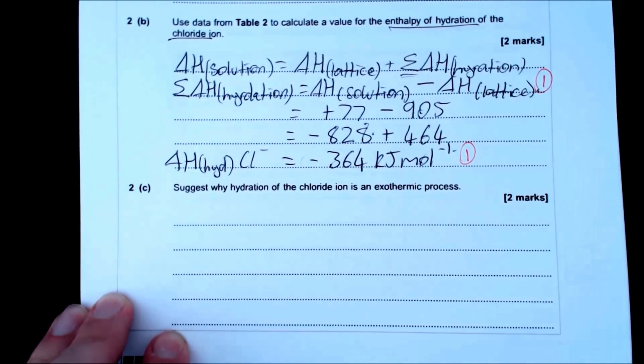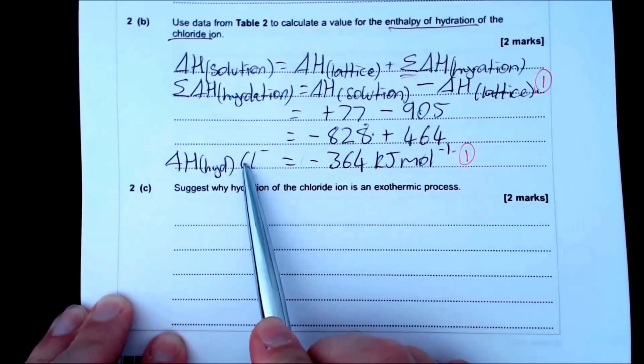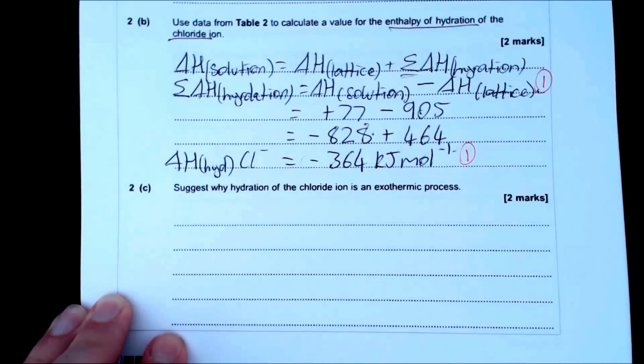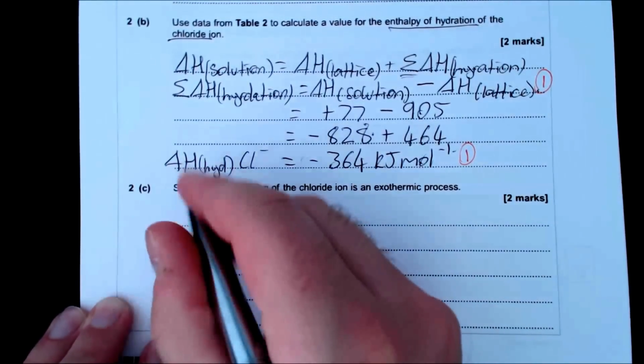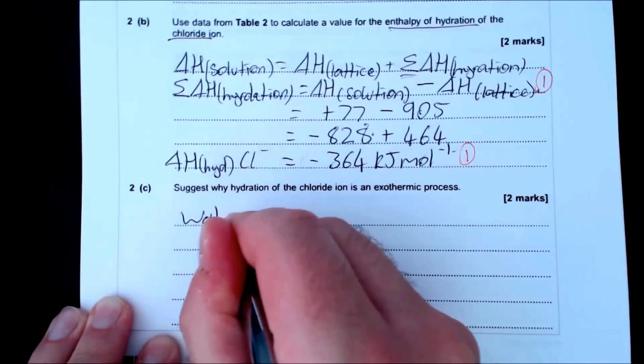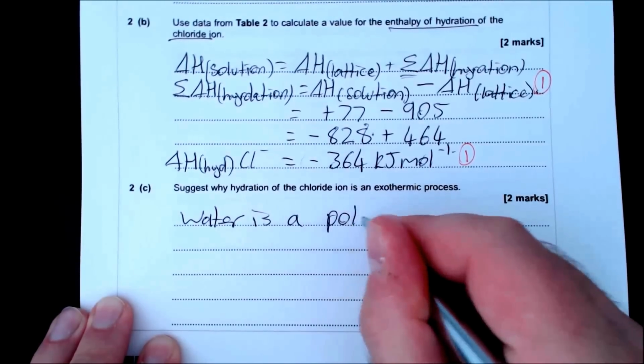And because it's polar, then effectively your chloride ion would be attracted towards the delta positive hydrogens on the water. And that means that because there's an attraction there, we have an exothermic reaction, and so energy is given out. So this is for 2 marks. So what we really need to say is we need to state that water is a polar molecule.